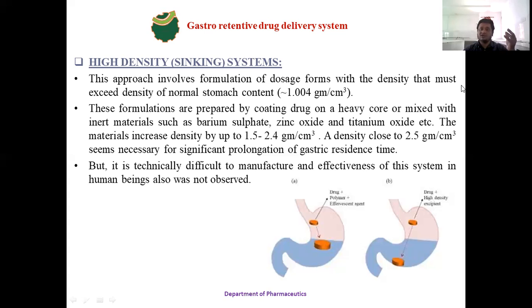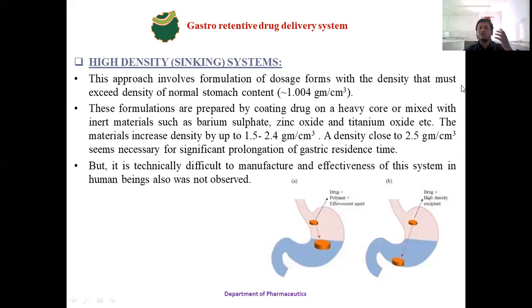Suppose we take the drug as X, and we take a heavy core substance whose density is more than the gastric fluid. Now we take the core and coat the core with the X drug. Then, because of that higher density, that particular system will sink in the stomach. It will not float. You can see in the diagram, it will not float, it will sink.